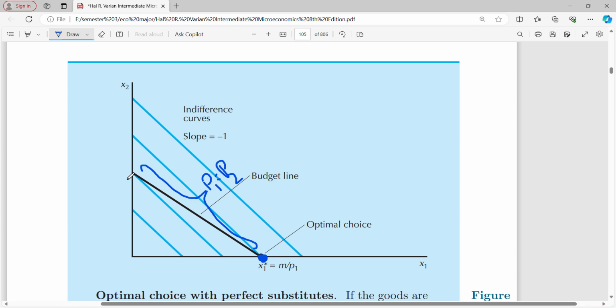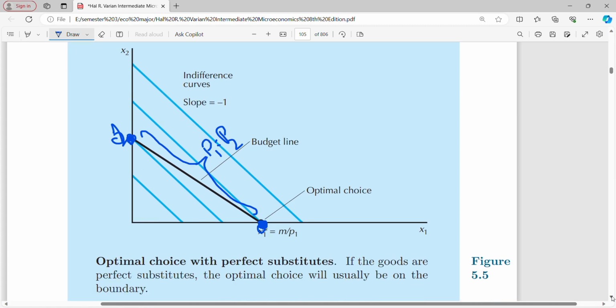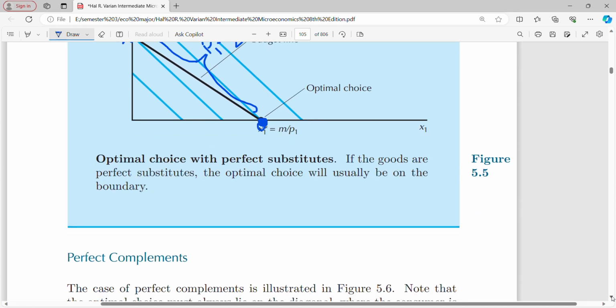So all his money would be here: red pencil 0, blue pencil 20. At this point X1 will be 0, and at the other point X2 will be 0. That means for perfect substitutes, the optimal choice will usually be on the boundary.